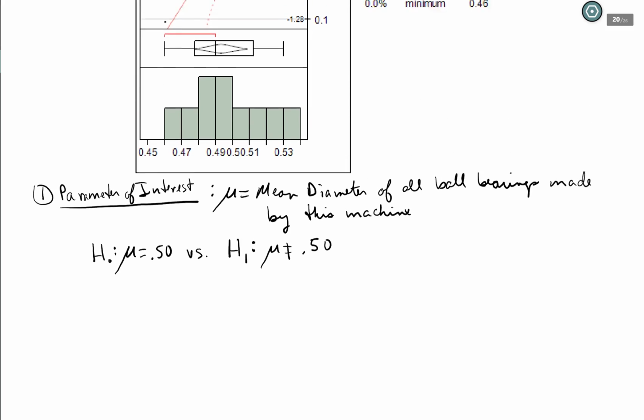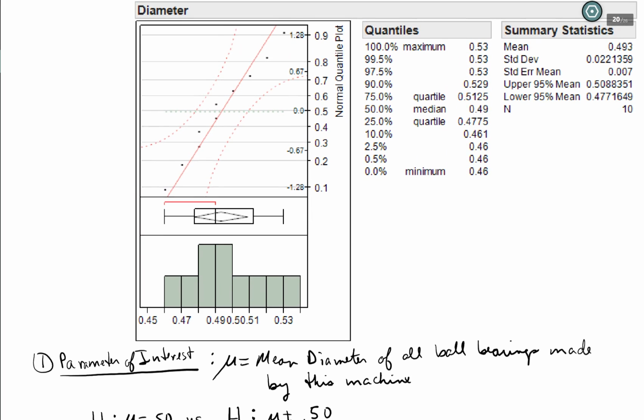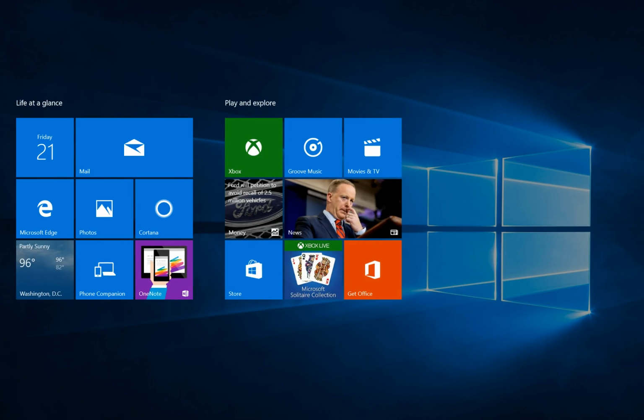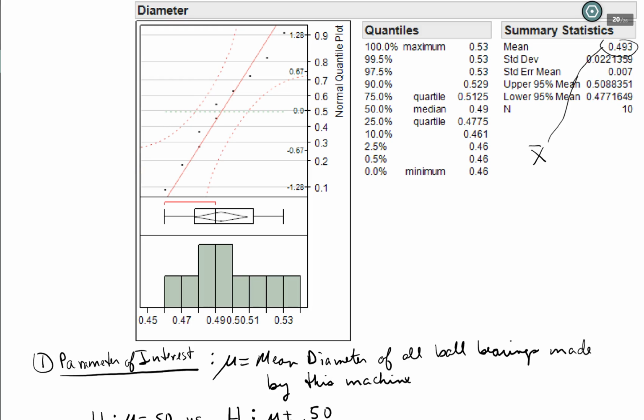Now let me come to the analysis a little bit, just to draw some distinctions here. This 4.93, that's not mu, right? That's x bar, the mean of the sample. And this 0.022 quantity, that is S, the sample standard deviation.